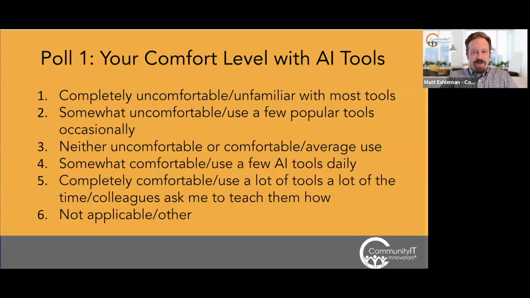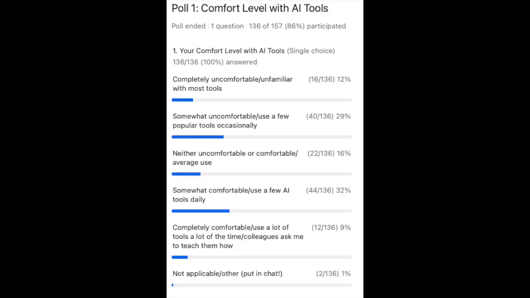So in terms of the folks that are responding today, about 12% are completely uncomfortable, unfamiliar, haven't really done much at all. On the flip side, about 9% of the respondents are completely comfortable and use it a lot, and they're really the resource that people in their organization go to.